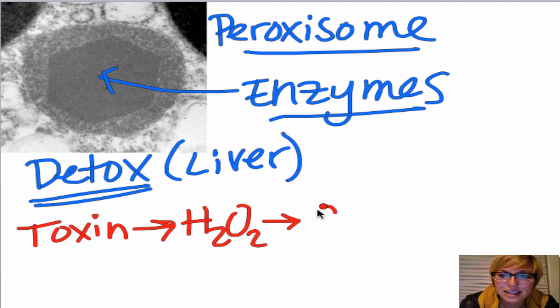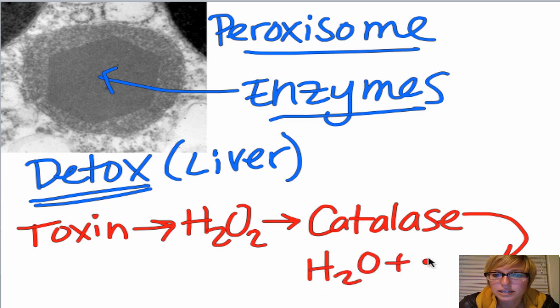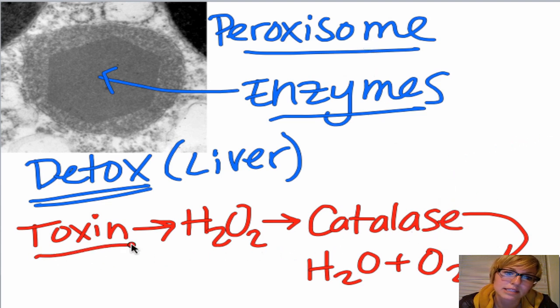So then catalase, which ends in ASE, so we know it's an enzyme, is another enzyme that's really heavy in our livers. There's a lot of it in our livers. It takes hydrogen peroxide and breaks it into water and oxygen. So it's a two-step enzymatic reaction: it takes those harmful toxins when we ingest alcohol and drugs, converts them to hydrogen peroxide, then catalase converts it to things that aren't harmful to us at all, which is water and oxygen. So those are peroxisomes.